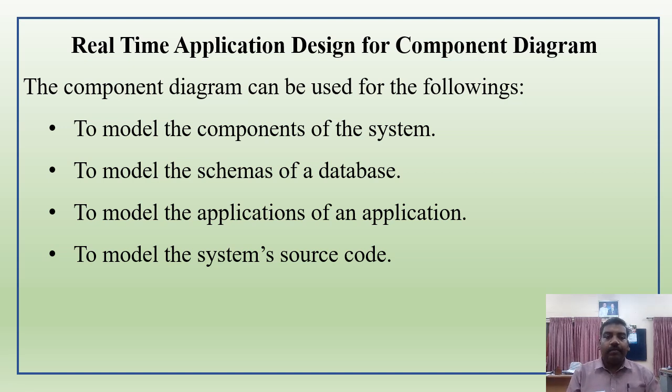For a component diagram, there are n number of real-time applications. The first one is components of a system. As I told before, if you want to lay out a PC, there will be a PC, keyboard, mouse, CPU, printer, router, and so on. We need not worry about the configurations inside, but we can give a physical appearance of the components of the system.